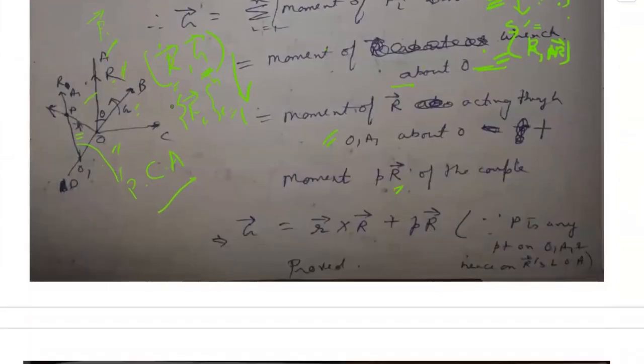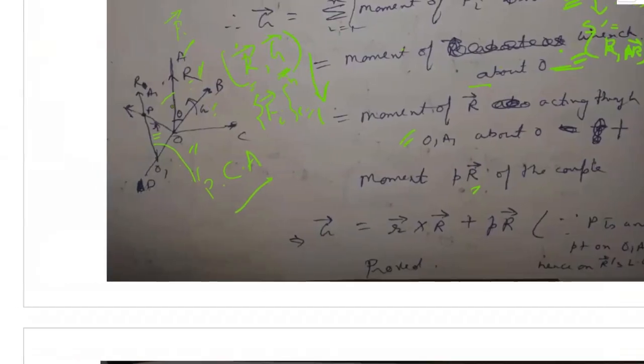Now what is the moment of this R acting through O1A1? This R is acting through O1A1 like this, and you have taken any point P on it. How do we calculate the moment of any force?